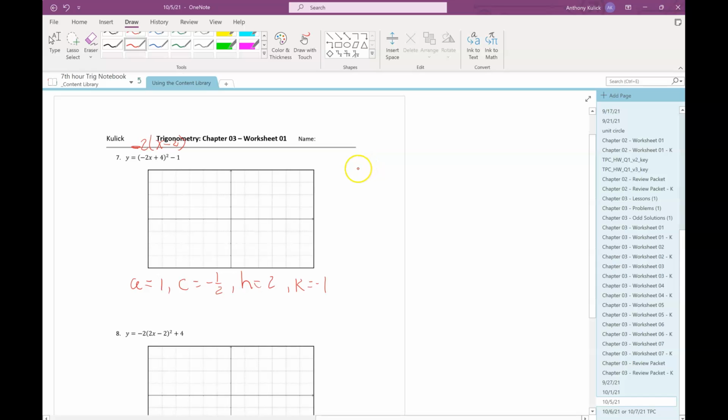Okay. From there, I'm going to make my transformation map. So this was something we mentioned in the notes. So filling in my values for C, H, A, and K, I have -1/2 x plus 2, and then 1y minus 1.